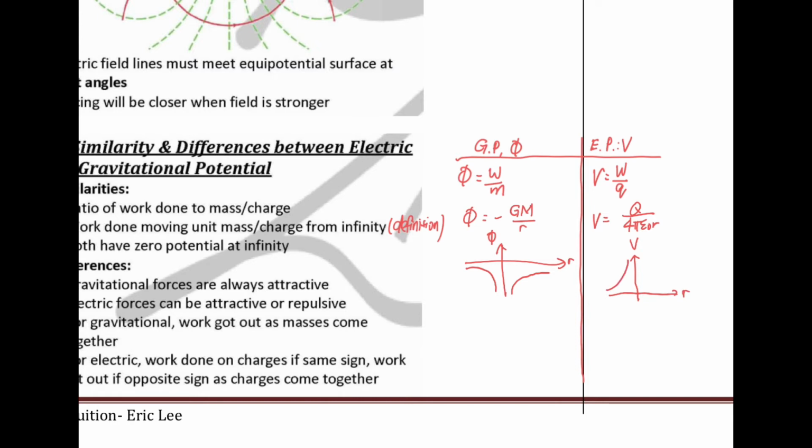It's positive. No matter which graph we are referring to, what we can see here is when it is infinity, the gravitational potential is very close to zero. Likewise, when it's infinity, the electric potential is very close to zero. So that is the similarity. Now we look at the next one.